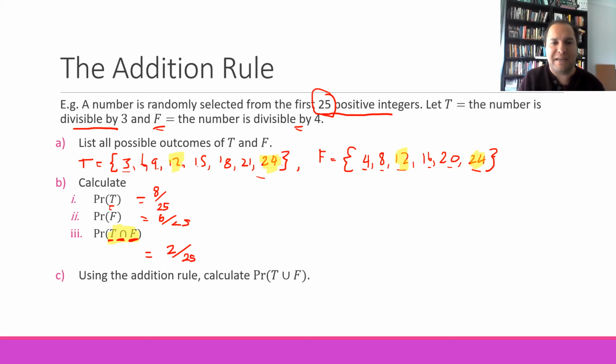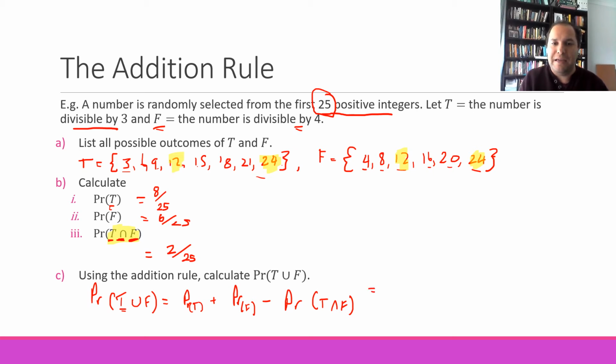So using the addition rule, let's calculate the probability that we randomly select a number that's divisible by 3 or divisible by 4. So our probability of T or F, our number is divisible by 3 or divisible by 4. So our probability it's divisible by 3 plus our probability it's divisible by 4, subtract our intersection, the probability of being divisible by 3 and 4, to make sure we don't count that value twice.